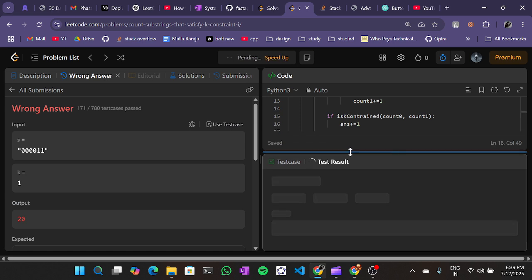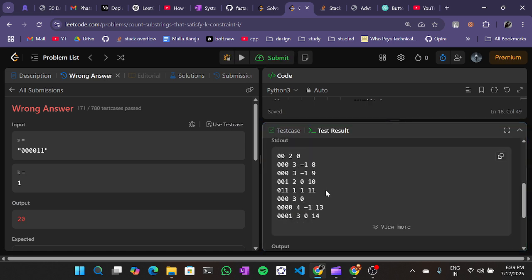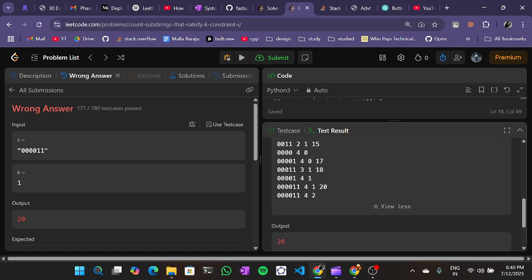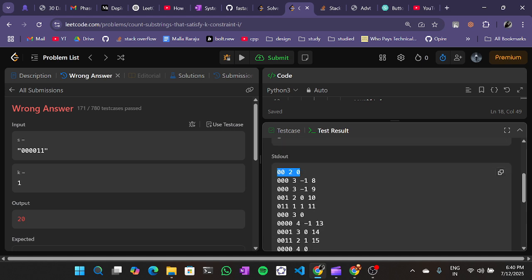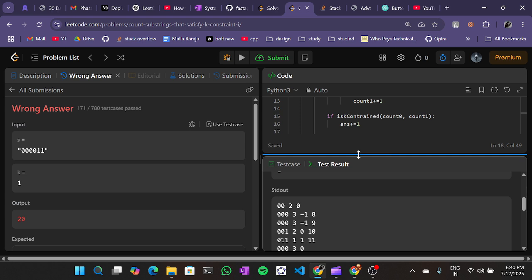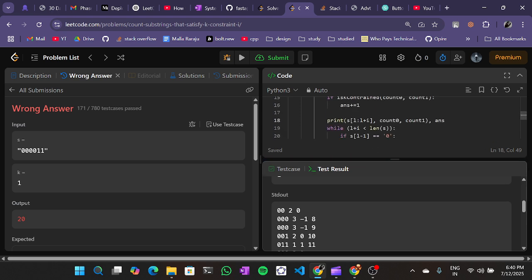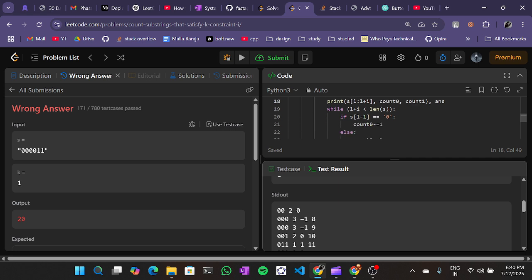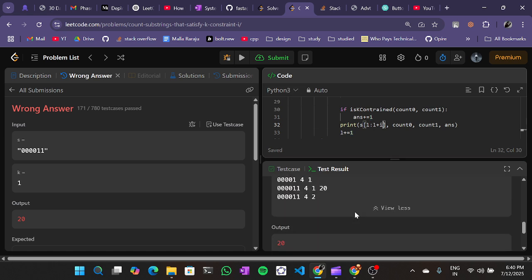Let's see the log again. Solution 0 0. Zero, zero, zero, zero, one, one.